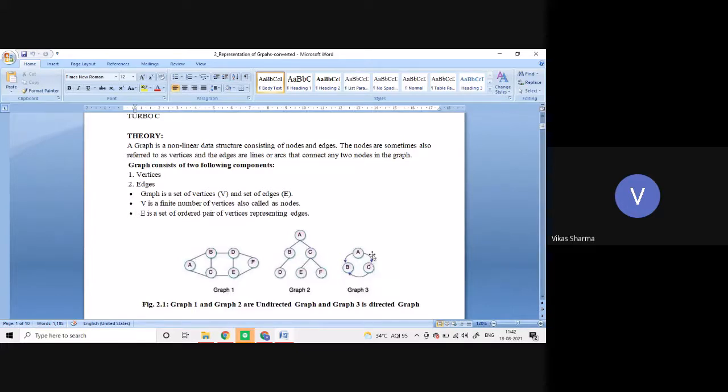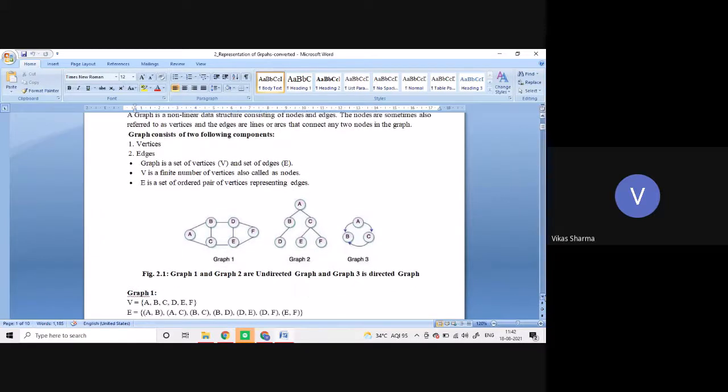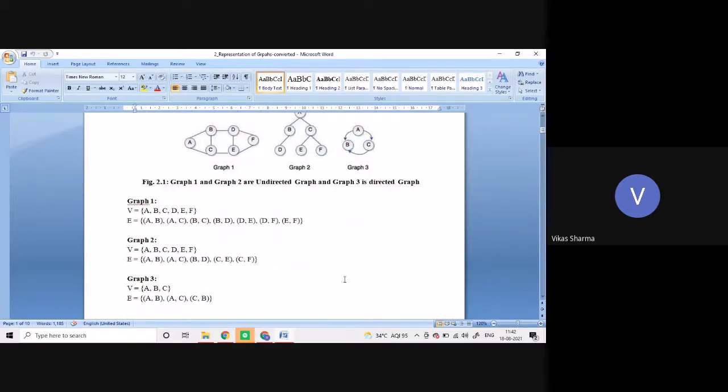Here we can see the third graph, where the direction is available. So this is a directed graph, and graph 1 and graph 2 are undirected graphs. In graph number 1, A, B, C, D, E, F are the vertices, or nodes, and we can see the edges.